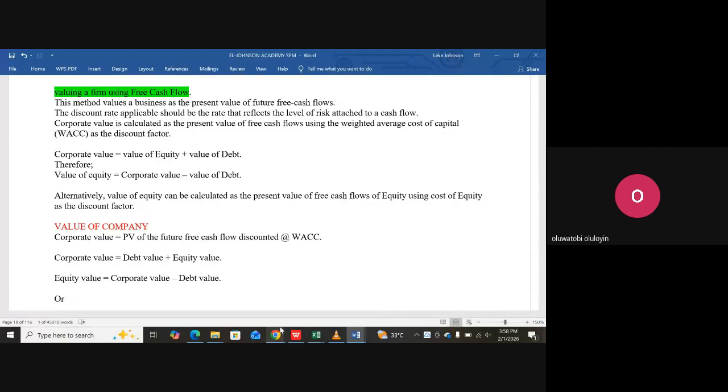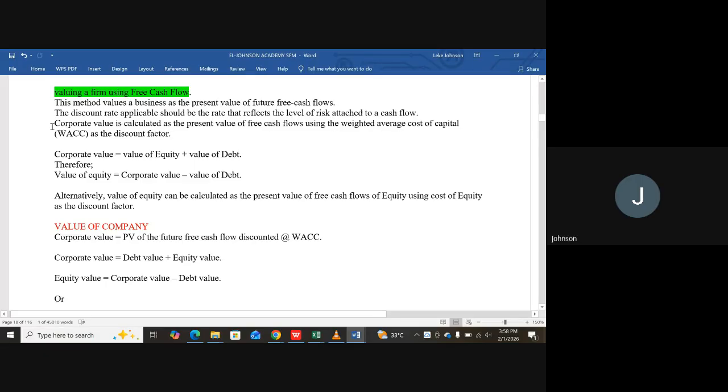Okay, so let's quickly look at this. They say this method values a business as the present value of future cash flows. The discount rate applicable should be the rate that reflects the level of risk attached to a cash flow.